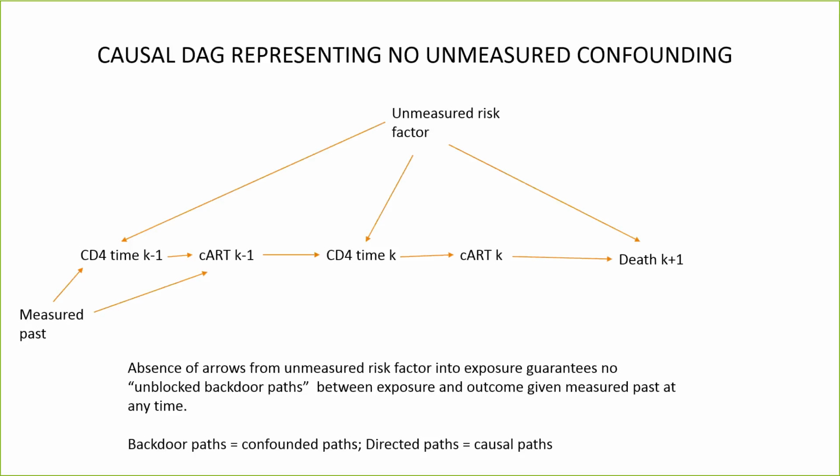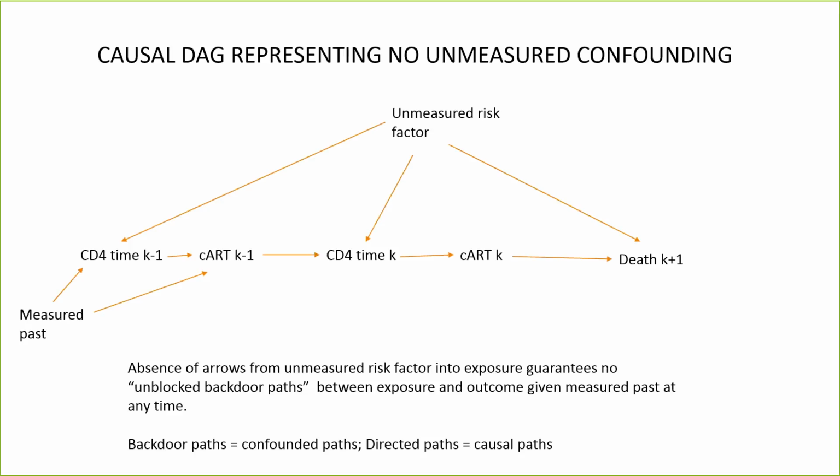But here we can see that conditional on the measured time-varying confounders and potentially baseline confounders or confounders prior to time t minus 1, we can block all backdoor paths between the treatment at each time. Here's at time k, here's at k minus 1. So conditional on this, we block any non-causal way to get to the outcome, any non-directed paths, and same here.